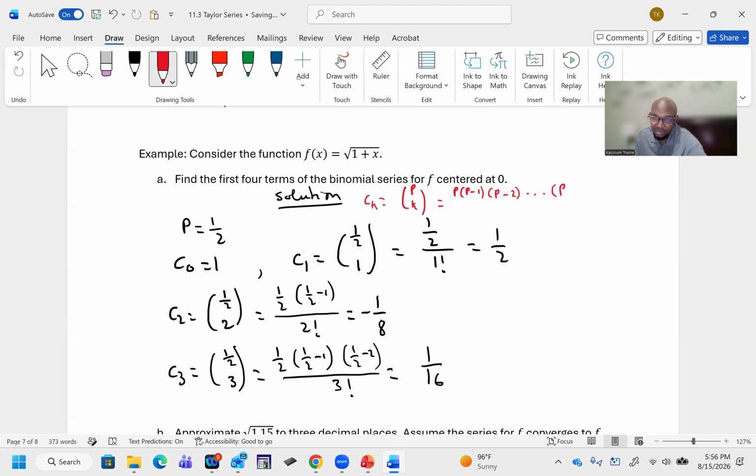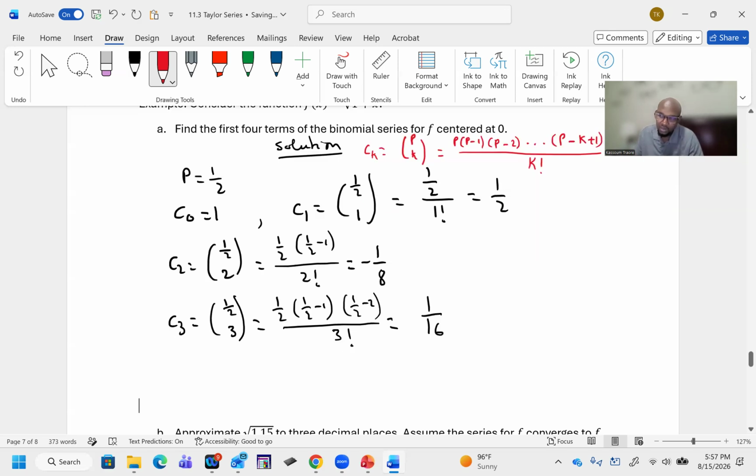P minus K plus 1, divided by K factorial. So if K is 0, we stop at P and so on. Okay. So now we can write the term, right?